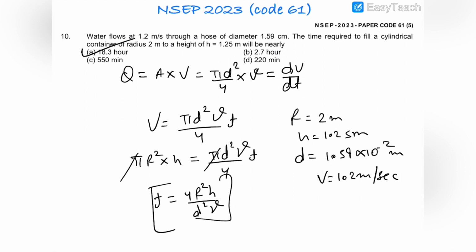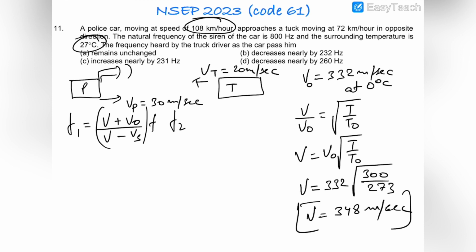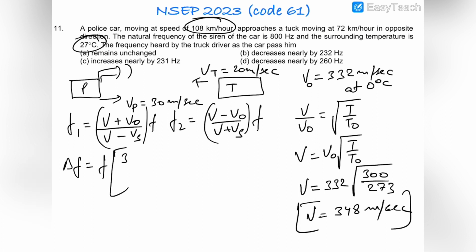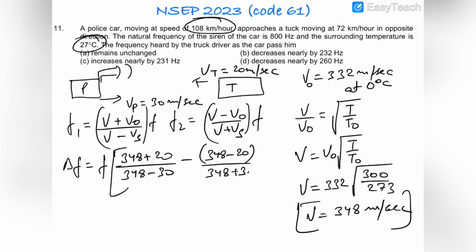Now we move on to the next question. When they cross, the frequency would be V minus VO upon V plus Vs into F. So the change in frequency delta F would be, F is common, V plus VO, which is 348 plus observer is truck 20, upon 348 minus 30, minus V minus VO, observer is truck, this is 20 upon 348 plus 30, into F. So it would be approximately 232 Hertz.